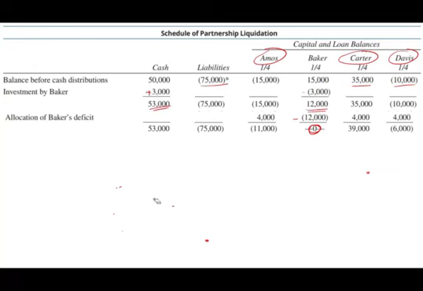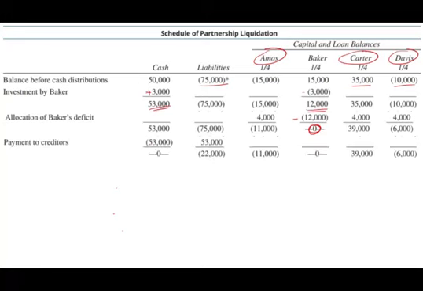Now what's going to happen is, since Baker is out, we have $53,000 in cash. Now we're going to have to pay the creditors. We have $75,000 in liabilities. So we're going to pay $53,000 to the creditors.